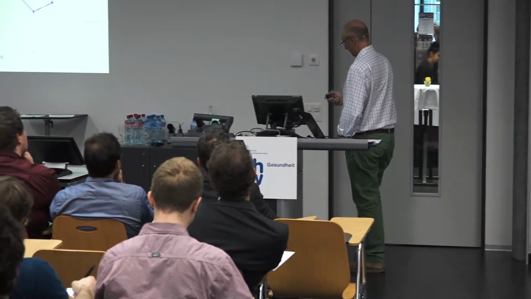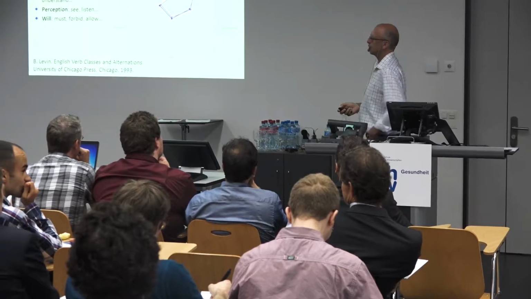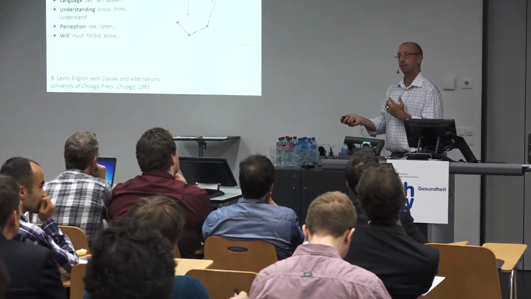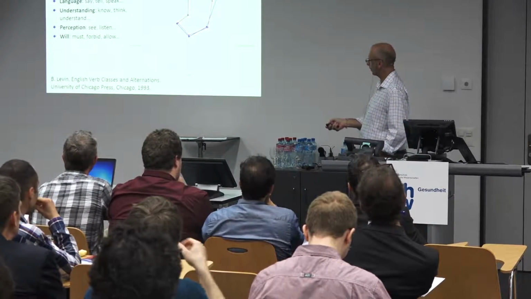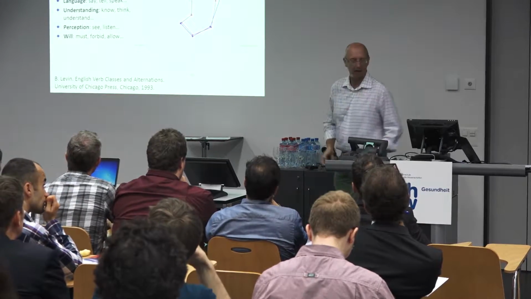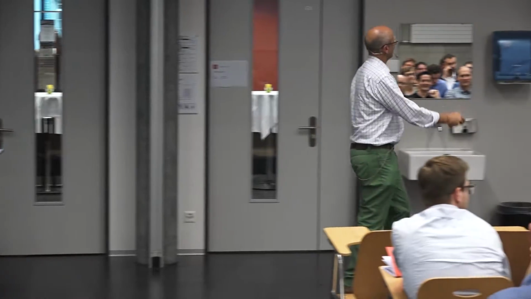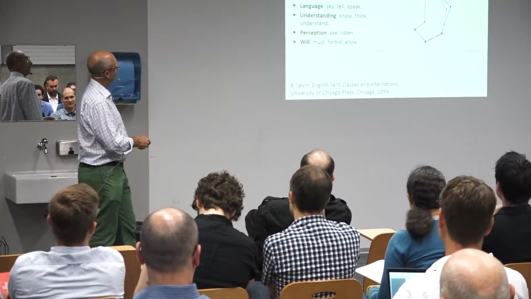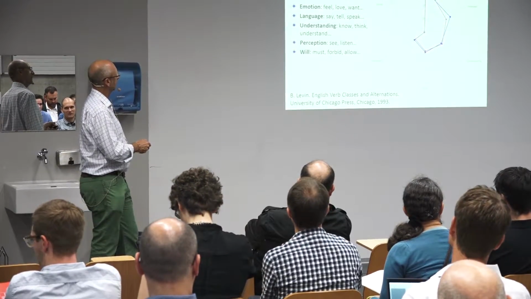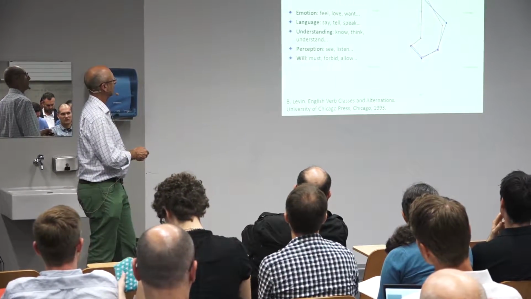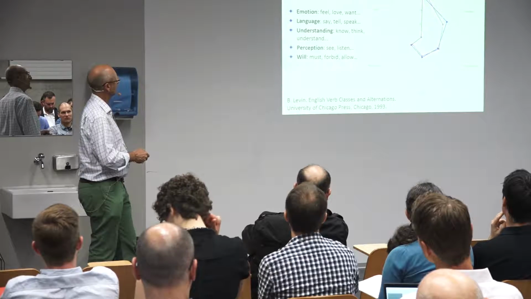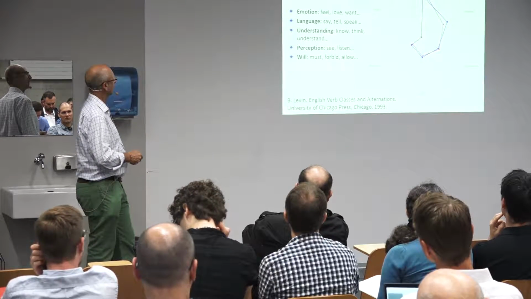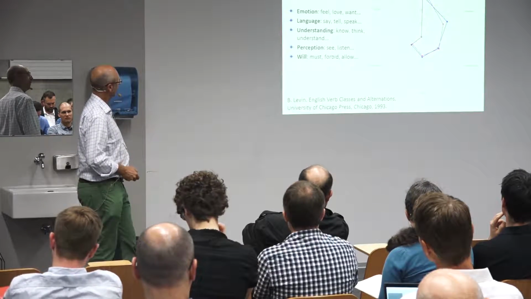And talking about differences between gender, males and females. So here you can see, actually sorry, I forgot about you guys, I come here. And you have here the 6 categories of the verb taxonomy: emotion, verbs like feel, love, and so on; language, say, tell; understanding, think, and so on; perception and will.